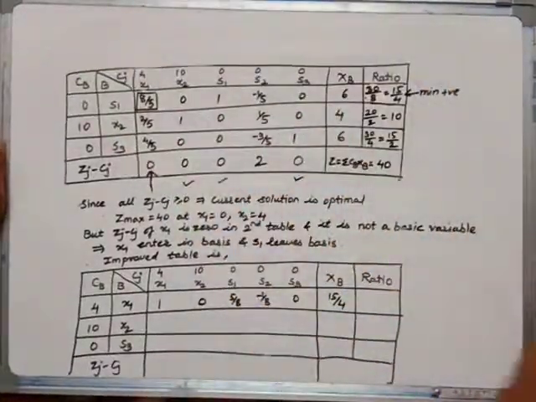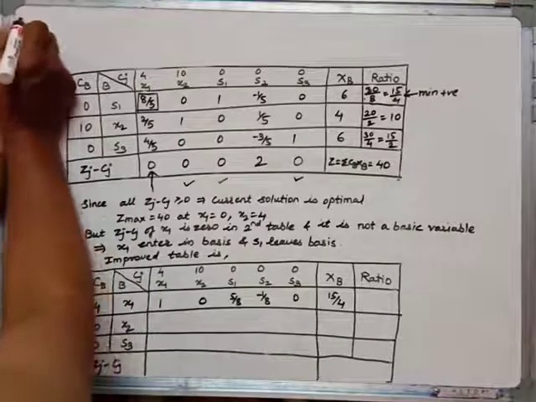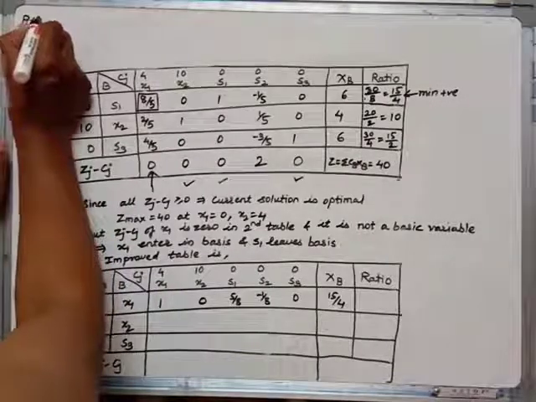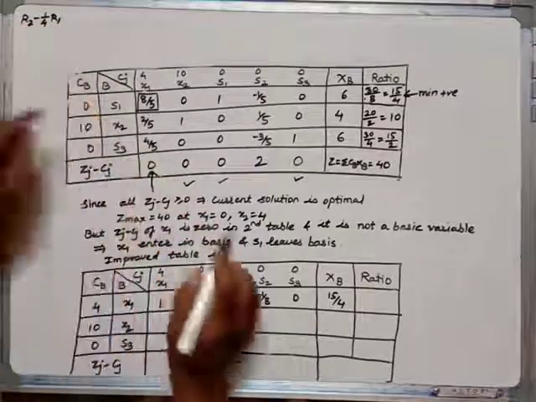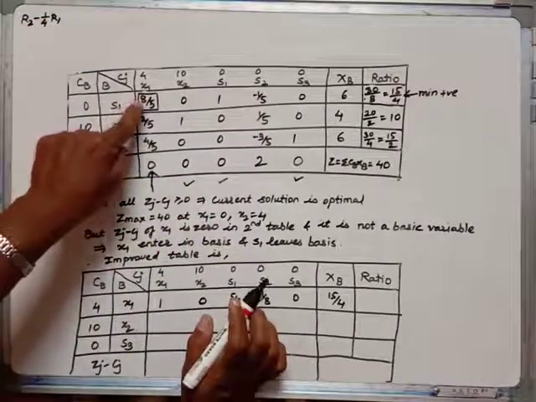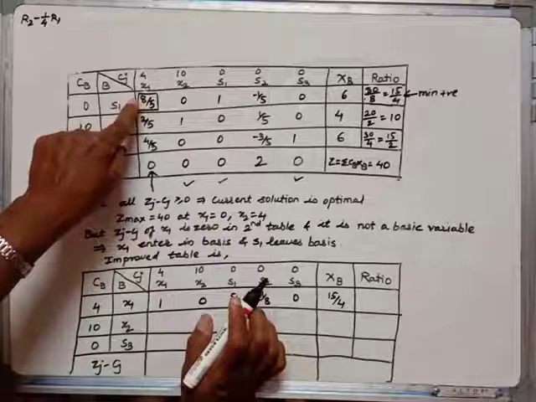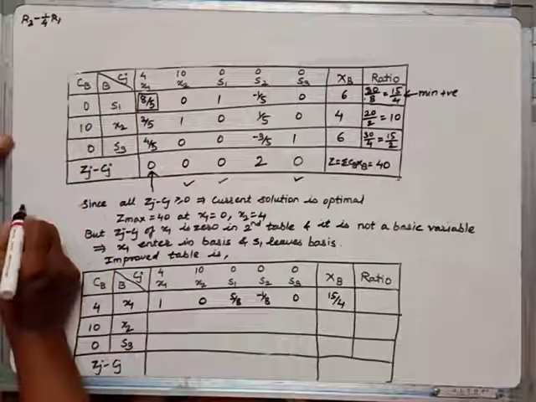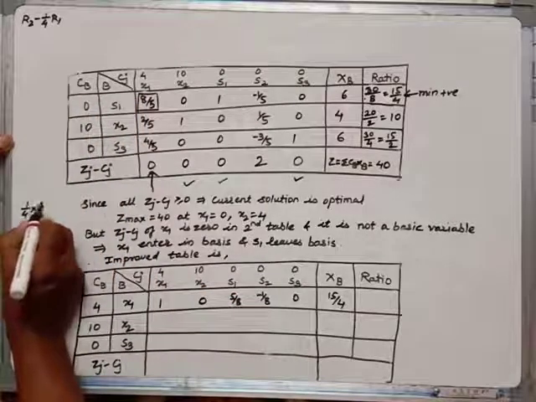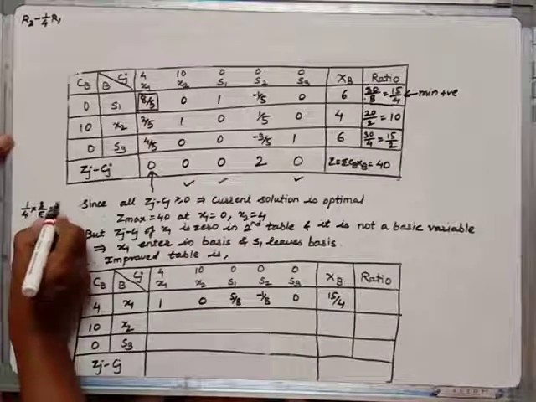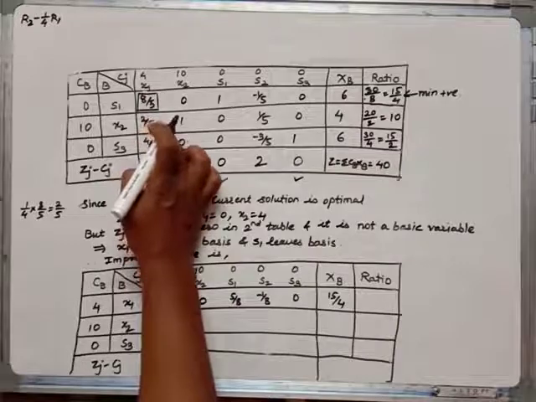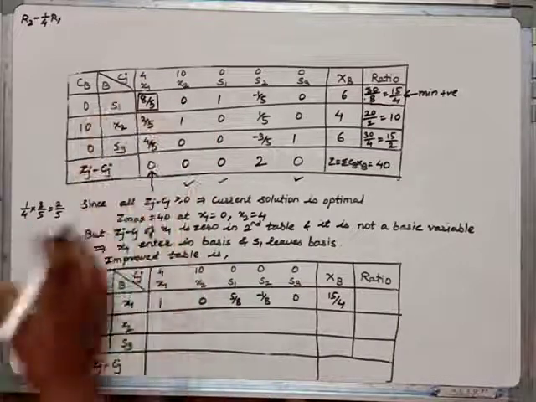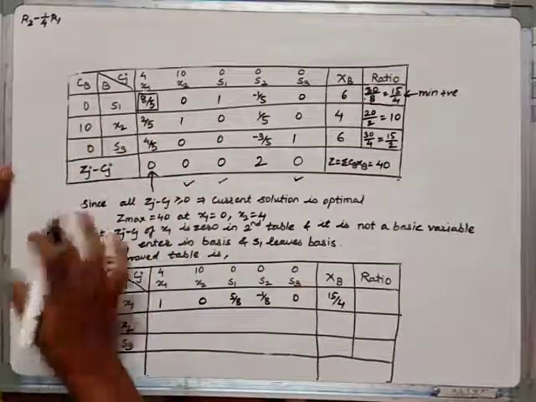Let me perform the operation R2 minus 1 upon 4 R1. Look at it. If I multiply by 1 by 4 to this R1, then this 1 by 4 times 8 by 5, that entry becomes 2 by 5. So this 2 by 5 minus that 2 by 5 will become 0. We can easily make it 0.